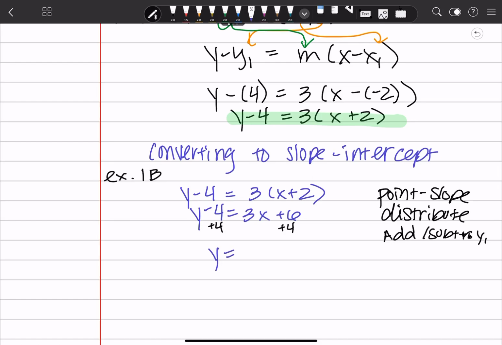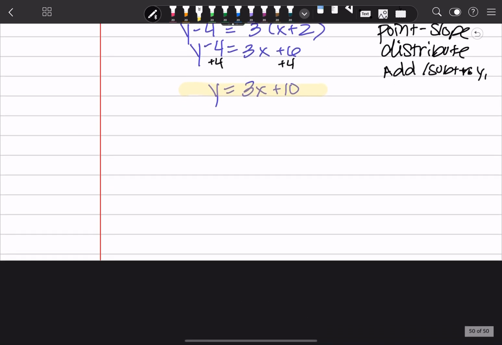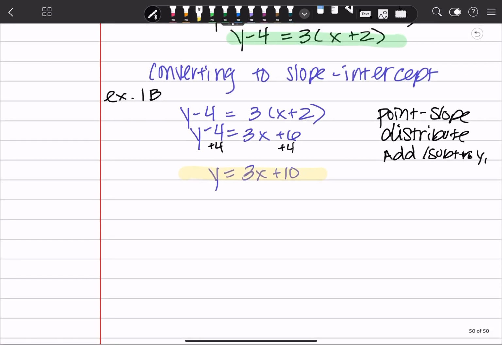And now you've got y equals 3x plus 10. And that would be your answer if you are looking for it in slope-intercept form. The same thing would apply if you're working with a fraction, 1/2, 1/3, 1/4, it doesn't matter.